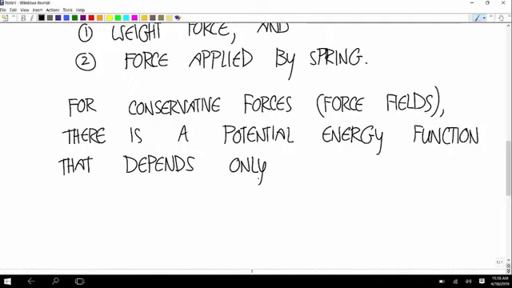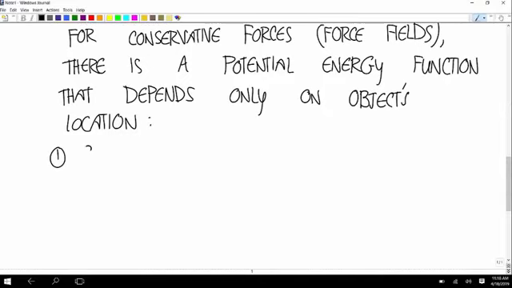It doesn't depend at all on the path the object takes to get there. So first, gravitational potential energy.